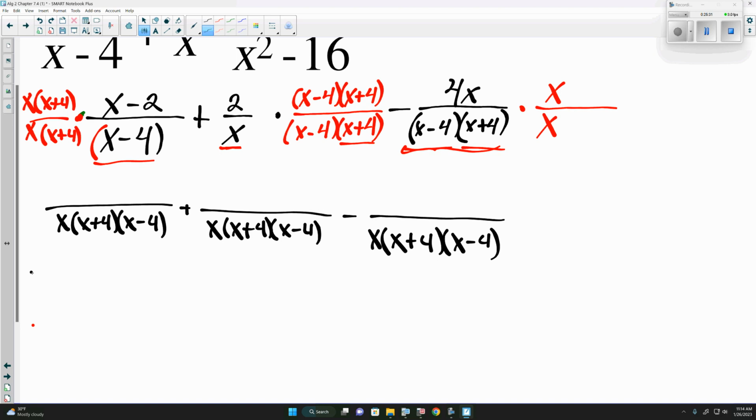Now the numerators, out of all three, the easiest one to multiply together is the last one here. 4x times x is going to be 4x squared, x times x. Now if we look at the middle one, we'll have 2 times x minus 4 and x plus 4 multiplied together. Where did we get those two factors, x minus 4 and x plus 4?